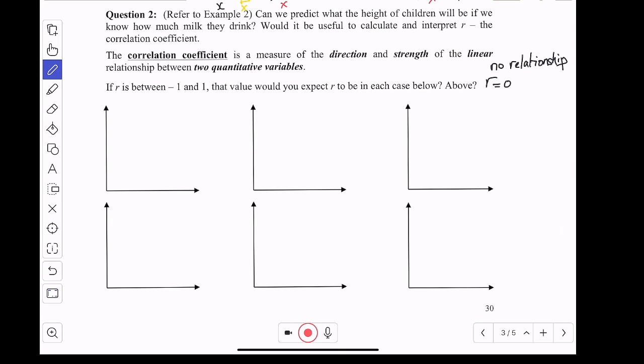Okay, so what I said, what if you have this as your relationship, your scatter plot? What would the R be?